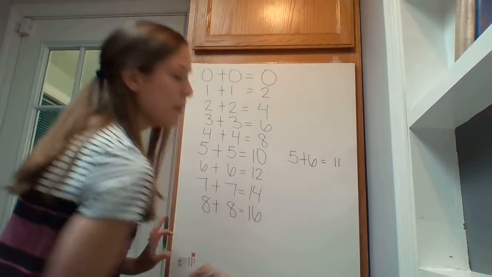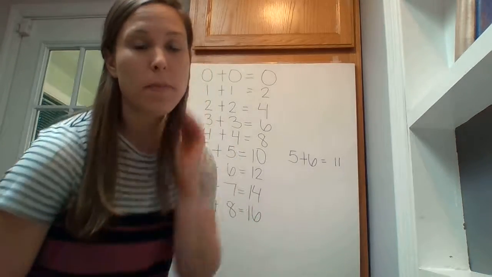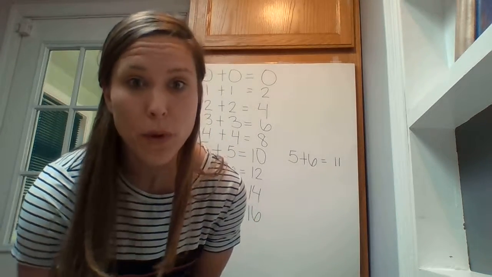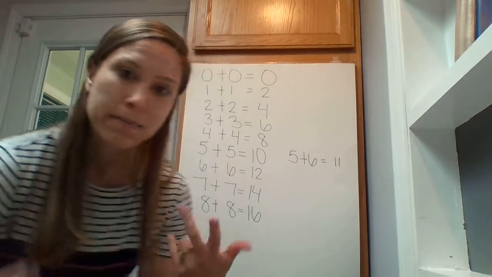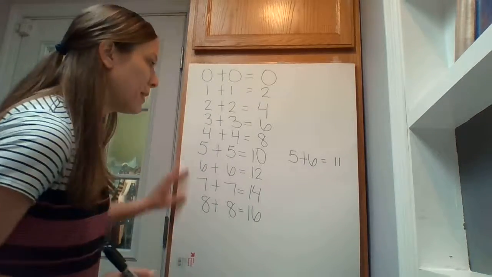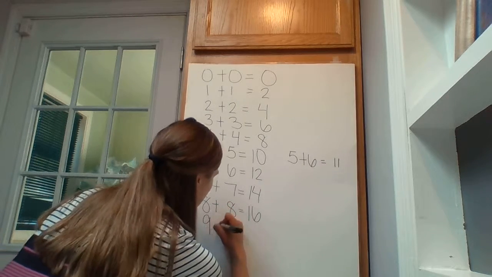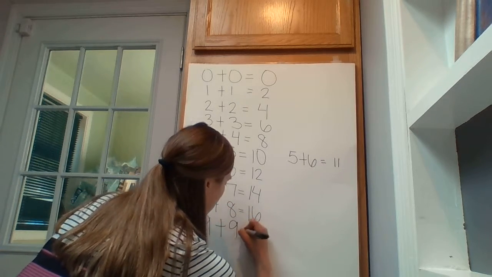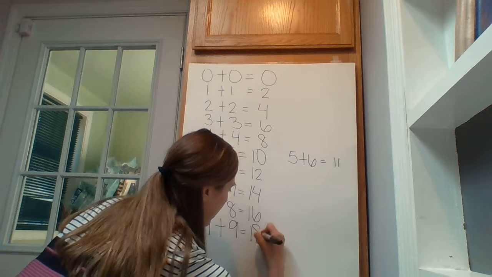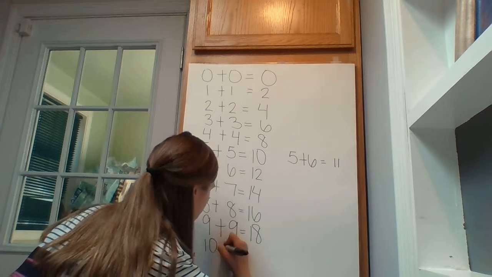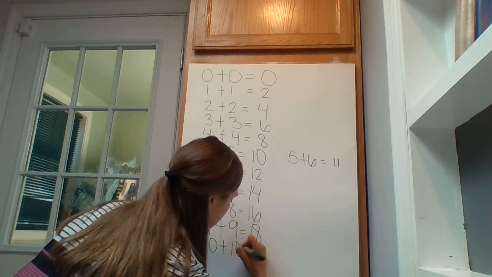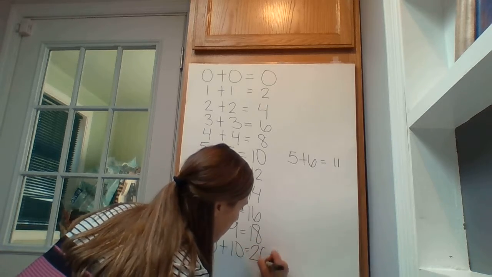So I would not be writing all these down. I would be asking students for their insight, and I would place them chronologically in order so that they could see them. 9 plus 9 equals 18, and then lastly 10 plus 10 equals 20.